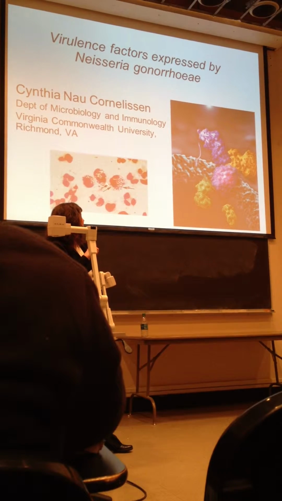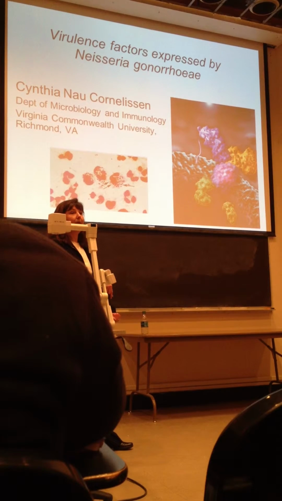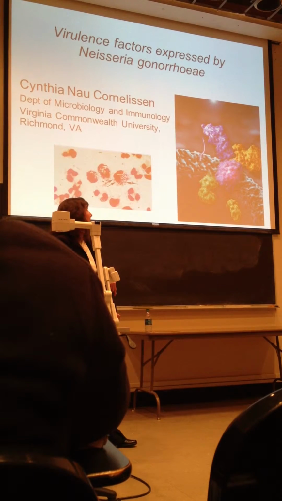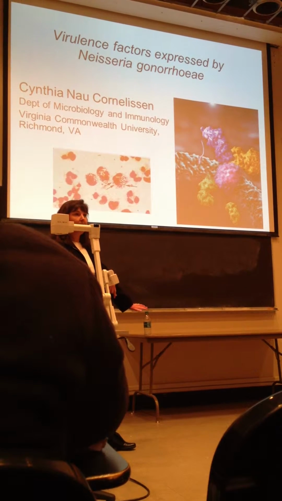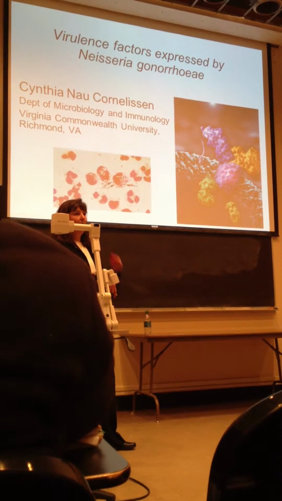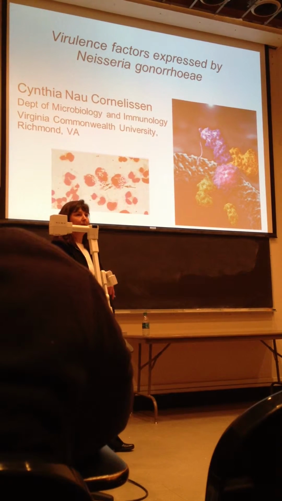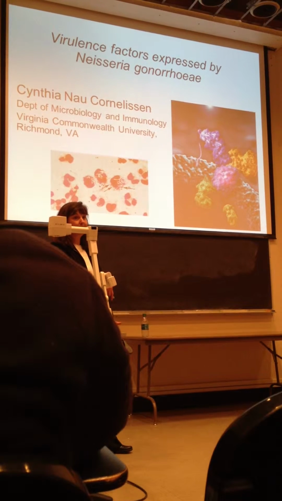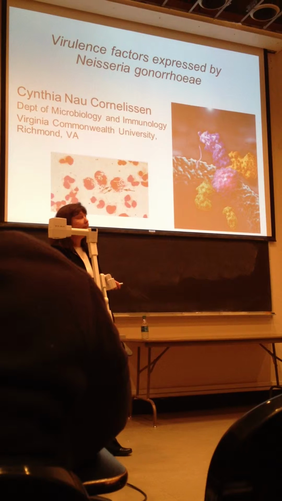The organism actually gets into polymorphonuclear leukocytes and it hides out there, and it can grow quite well in PMNs. Its very close cousin, Neisseria meningitis, does exactly the same thing, but it gets into the PMNs in the CNS, in the cerebrospinal fluid, and causes bacterial meningitis. So this is a very typical clinical presentation for the pathogenic Neisseria.